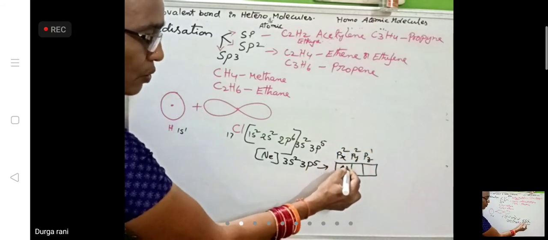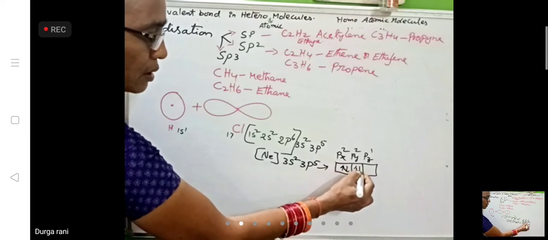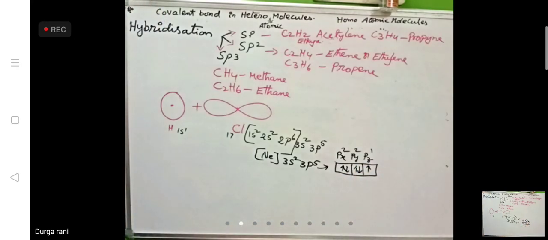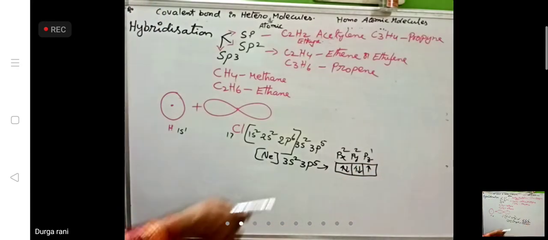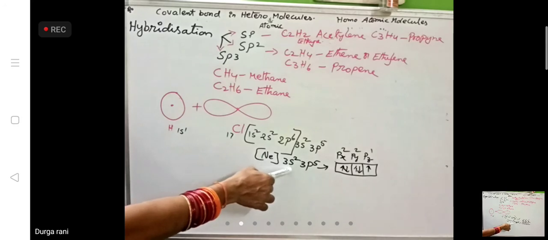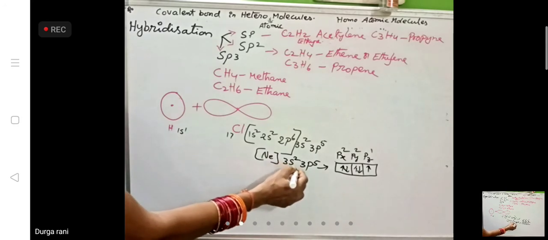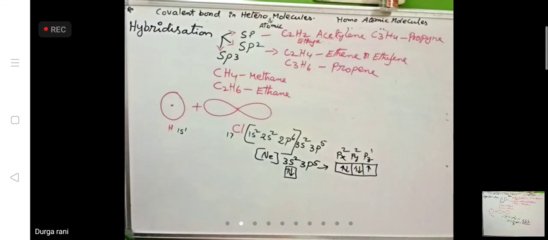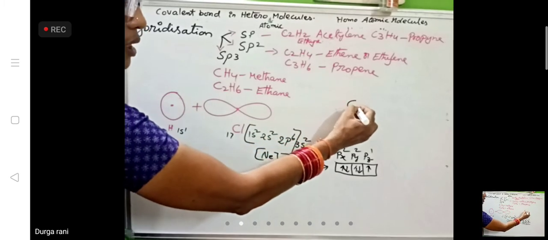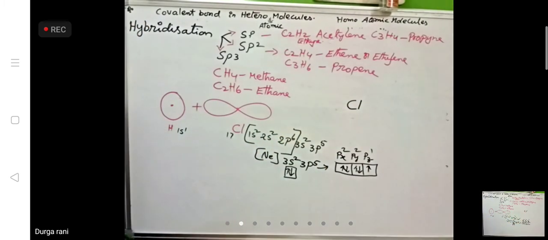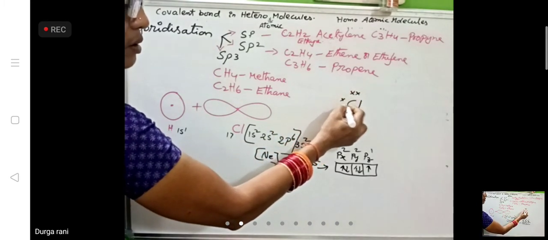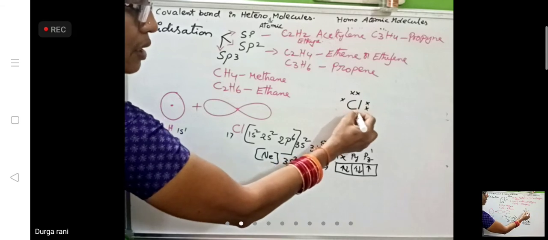How many lone pairs and how many lone electrons are there? What about 3s2? It is also valence shell only, no? How many lone pairs are there in chlorine now? Yes, three lone pairs, let us write like this.